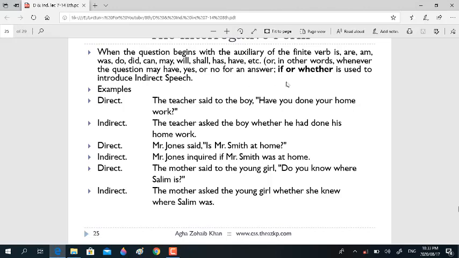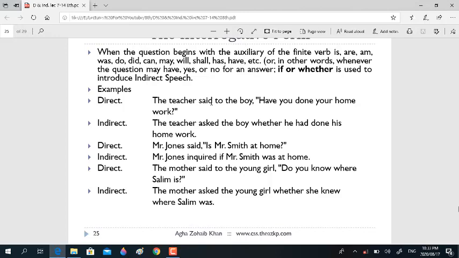Actually these are the questions that take yes or no answers. Direct speech, look at this. You have to put in if or whether. In this case, the teacher said to the boy, have you done your homework? Since this sentence begins with an auxiliary, that is polar, you have to go for the conjunctions if or whether, whatever you like.